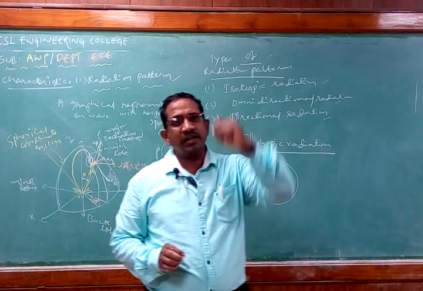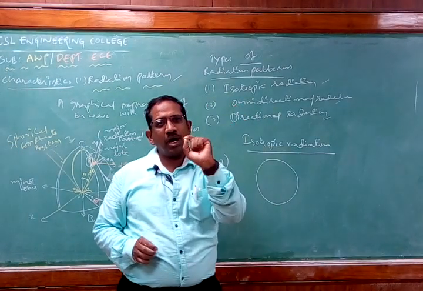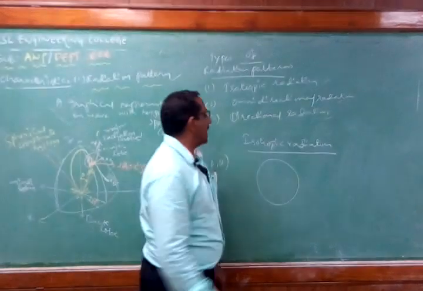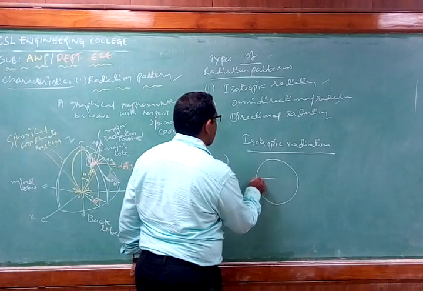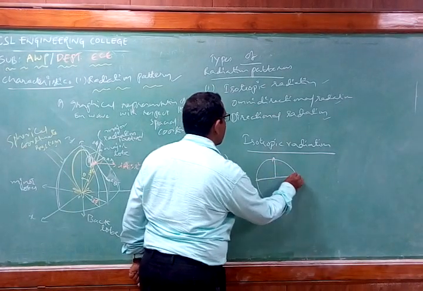something like a ball. Now at the center of the ball you normally have a transmitting antenna. This antenna is going to radiate in all the directions. I am drawing these vector notations.